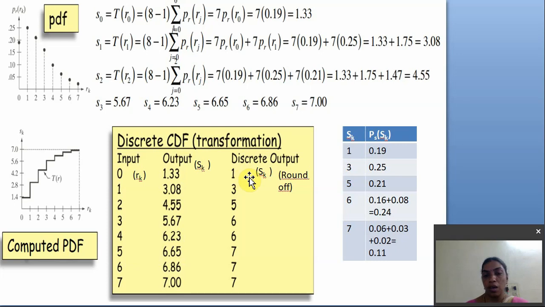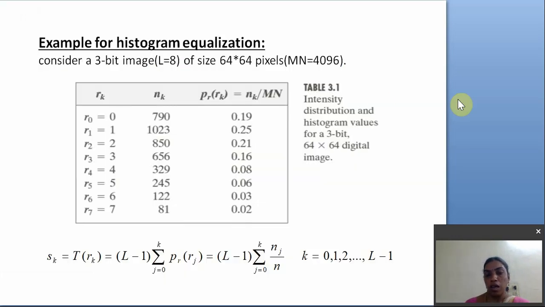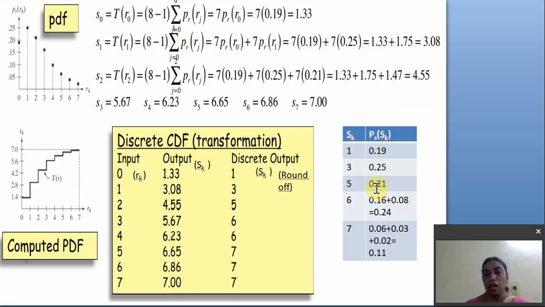Here our SK is 1, which is related to the input RK, R0 value. Now observe the table. For R0, what is the PR of RK? 0.19. That is nothing but PS of SK for intensity 1.